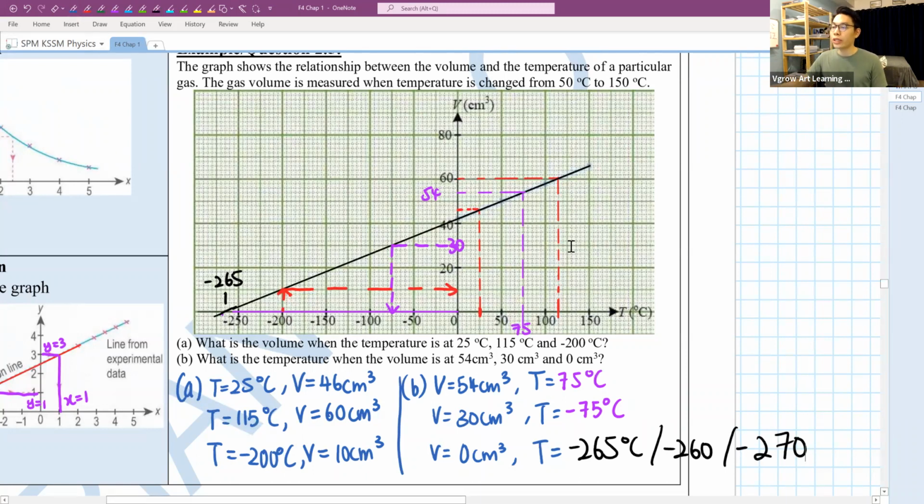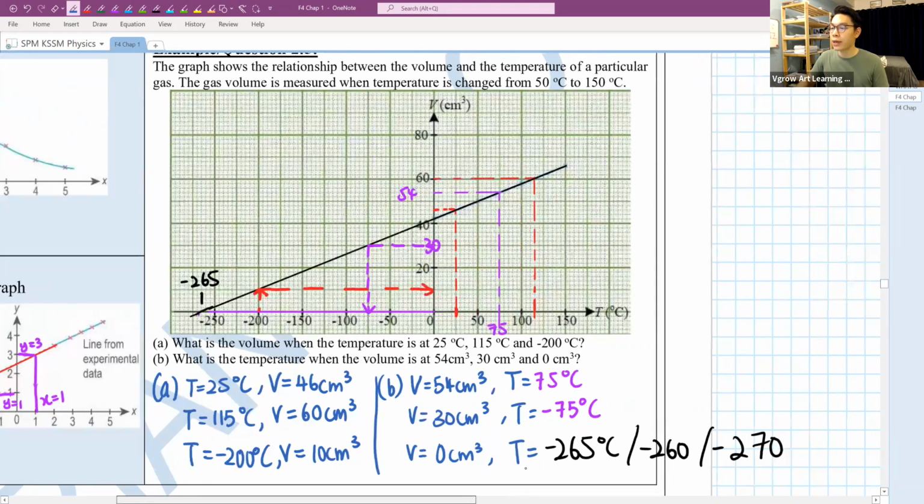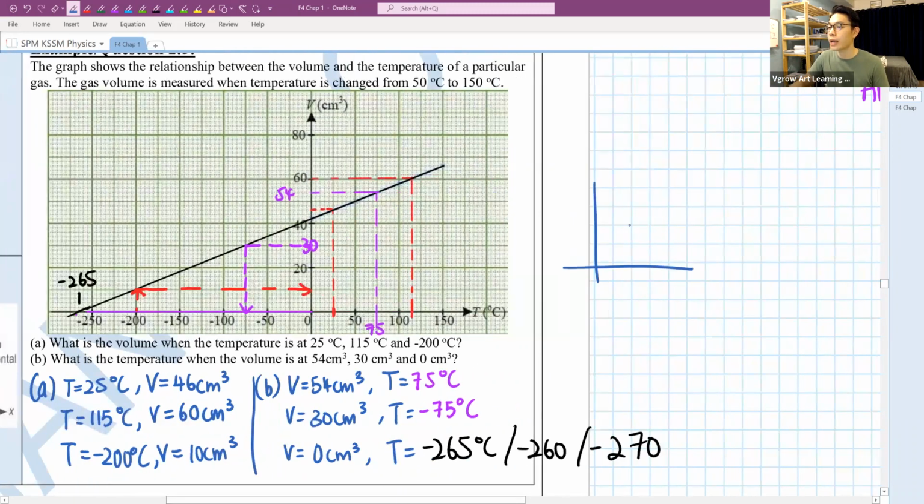So just a very curious question, right? If I have this graph and I want to find out the area underneath here, the units will be what? This one is in cm cube, and this one is in degrees Celsius. Let's say I have a rectangle, here is 10 degrees Celsius, here is 20 cm cube.